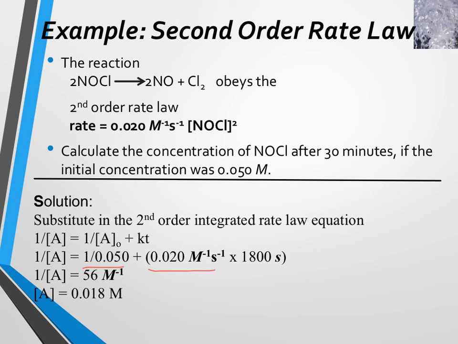And again, units. The rate constant for a second order reaction, the units are always 1 over molarity times time, in this case seconds. Pay attention to the time units, make sure these match so they cancel. Anyway, the final answer is concentration of A is 0.018 molar.